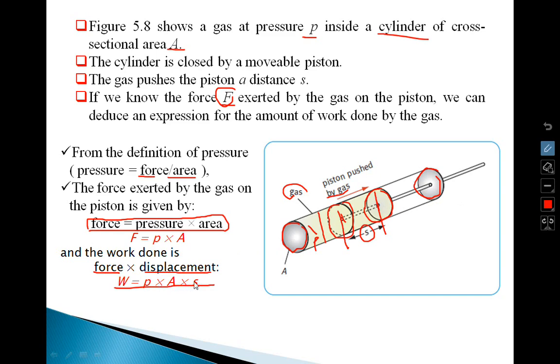This is a very important relation for finding the work done in another application.